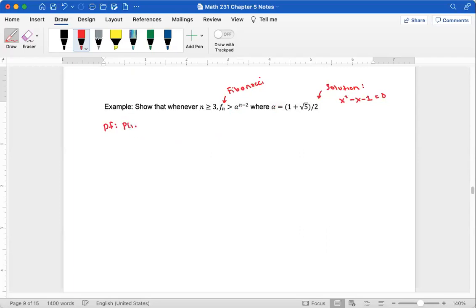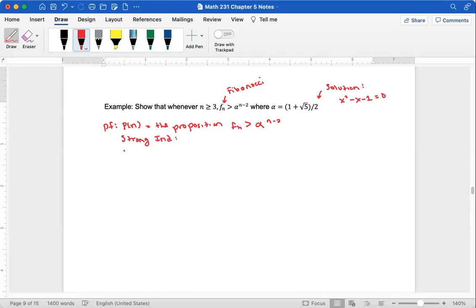Let's let P of n be the proposition that f sub n does come out bigger than alpha to the n minus 2. So alpha kind of looks like a little bit of a fish. Mine sometimes looks like an incomplete 2. So I apologize. I'll do my best to try to make alpha as distinct as I can. That's alpha. Okay, we're going to use strong induction, which we learned in the last section.